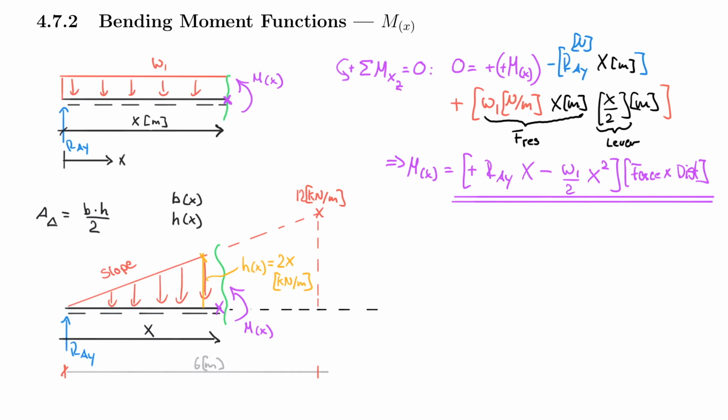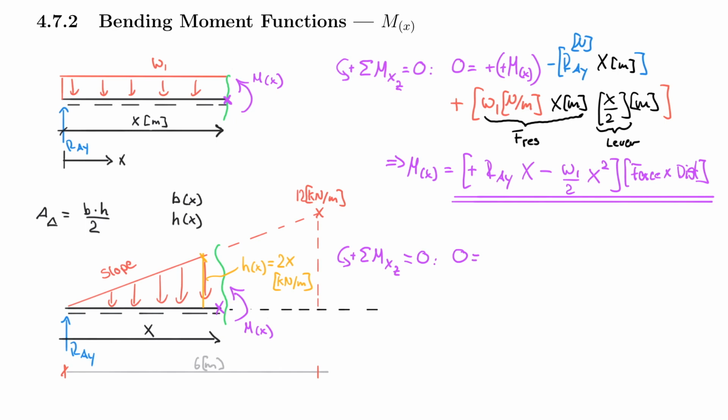So let's move on to the moment function for a triangular distributed force. You of course already know what's coming now and you probably can solve it yourself, but let's go through it together anyways. I start just like before with the sum of the moments about point x but about the z-axis, counterclockwise positive, and I set that equal to 0 so that I can now include all my terms.